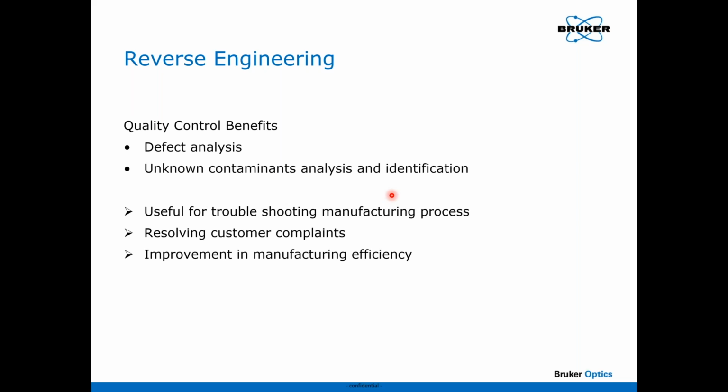So we want to be able to look in quality control and say, okay, there's a defect that doesn't belong there. There's an object, a foreign body that doesn't belong there. We want to analyze those contaminants as efficiently and as accurately as possible. They can really make a huge difference for quality issues.